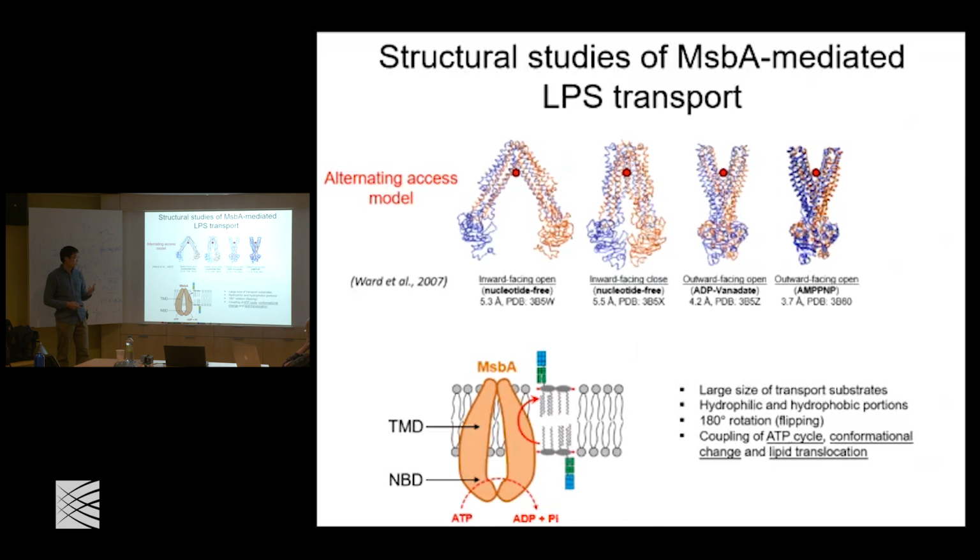Does it do this completely inside the protein, or does part of the substrate stick outside the protein? This is unknown. And finally, we really want a complete picture of how three aspects combine in one protein machine: the ATP hydrolysis cycle, the conformation change of the protein, and the substrate translocation.